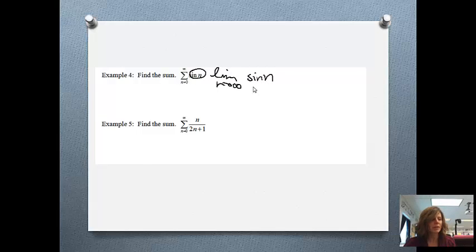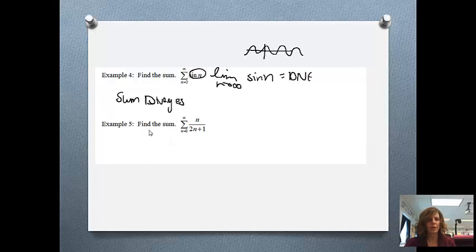Now, if you recall, the sine constantly toggles back and forth between 1 and -1. So as n approaches infinity, this limit does not exist. Since the limit does not equal 0, we can say that the sum diverges. We're not going to get an answer for the sum of this series.